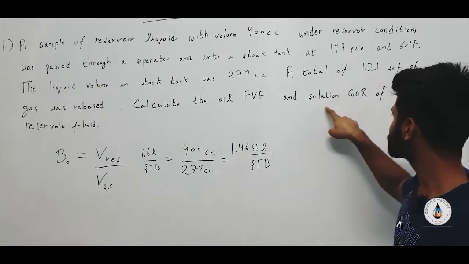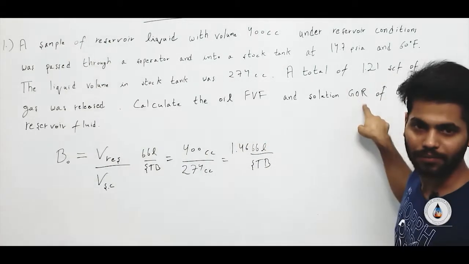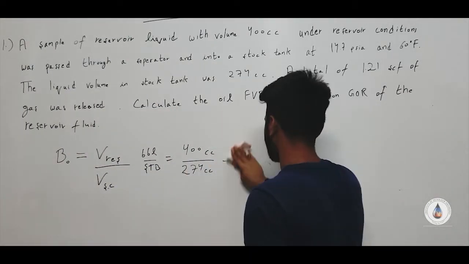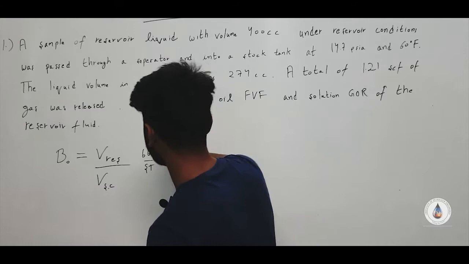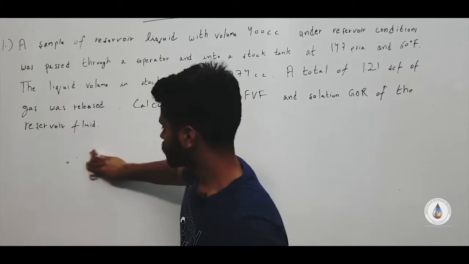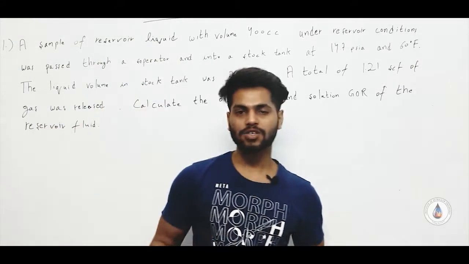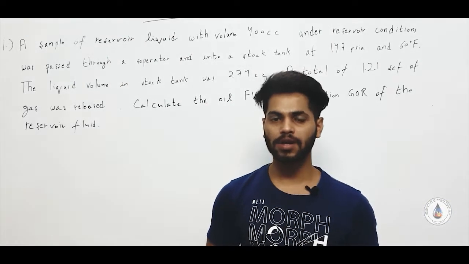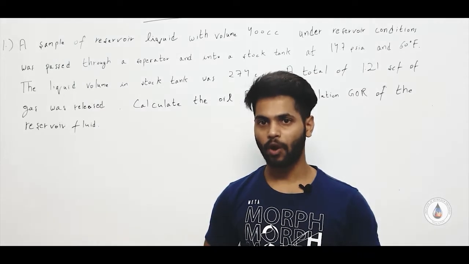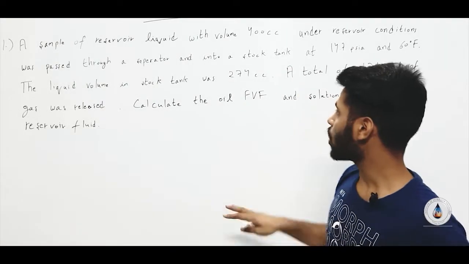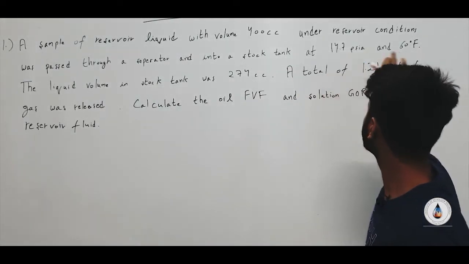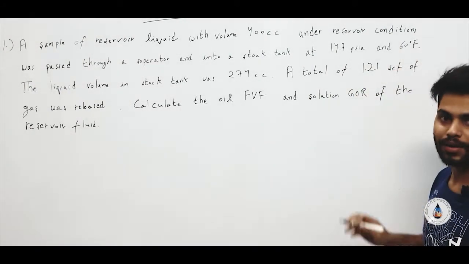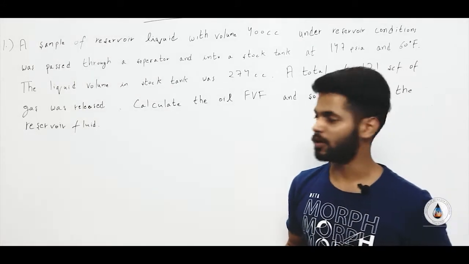Now we have been asked to find the solution GOR, which we call gas solubility. As discussed earlier, gas solubility is basically the amount of gas that will be produced from my volume of oil which was at reservoir condition. So how much volume of gas is being produced? We have been given that around 1.21 standard cubic feet of gas is being produced.